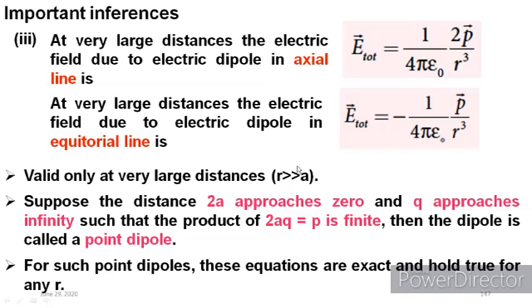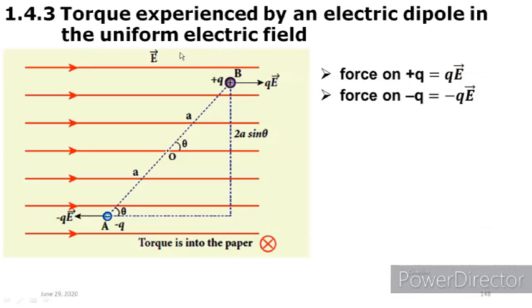So far we have discussed the electric field due to a dipole at a point on the equatorial line. Now we will discuss the torque experienced by an electric dipole in a uniform electric field.